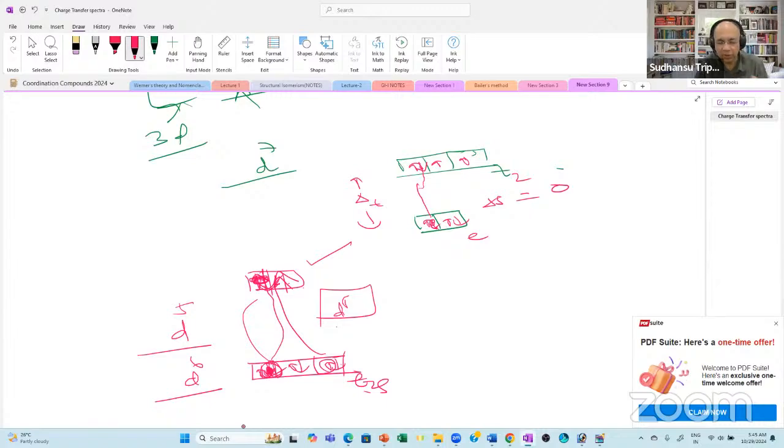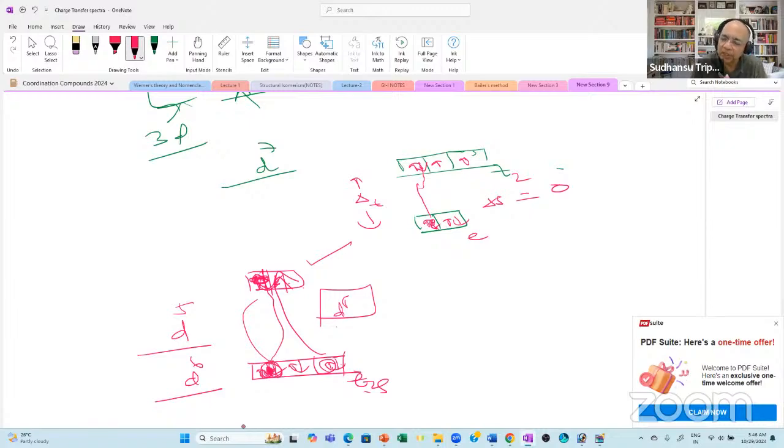So with this in mind, you can predict. Of course, this will not come in your NEET examination also. This subtle difference between the intensity of color in two octahedral complexes, which are both octahedral, but you have to first judge whether it is high spin or low spin. Then you draw the splitting pattern and see whether there is spin forbiddenness for both.